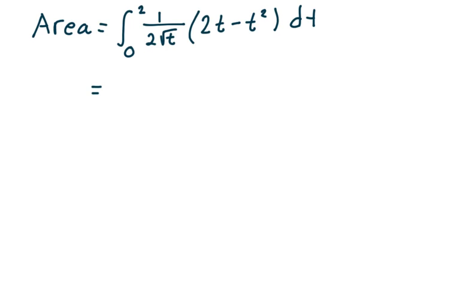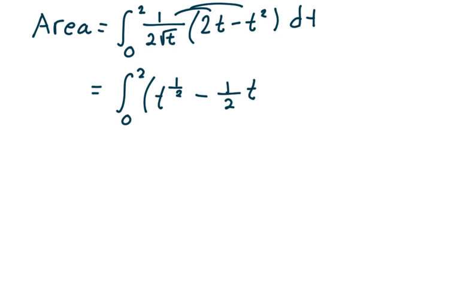So I'm going to distribute the 1 over 2 square root of t in. So I'm going to integrate from 0 to 2 of, it looks like t to the 1/2, or square root of t, minus 1/2 t to the 3/2 dt.